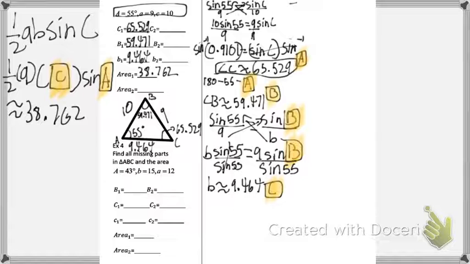Now, let's try to find the second triangle. So let's create a line here, here, and then here. Okay.